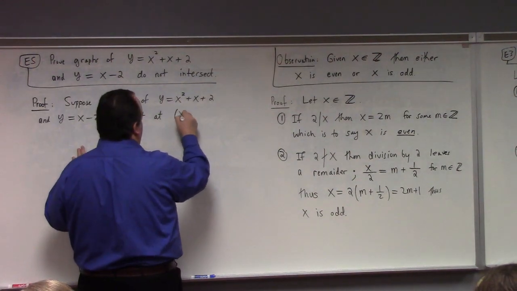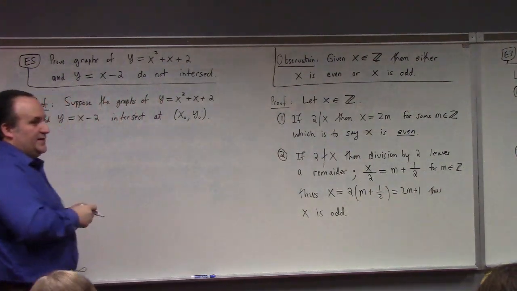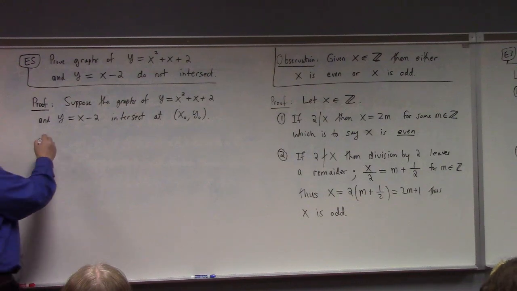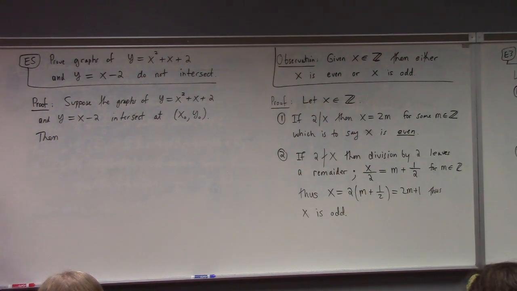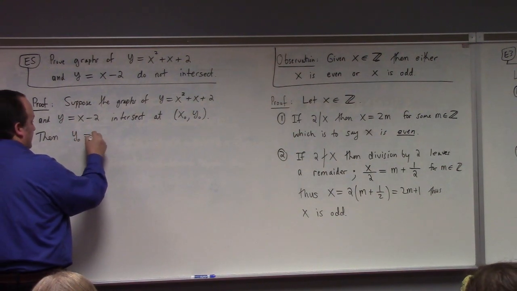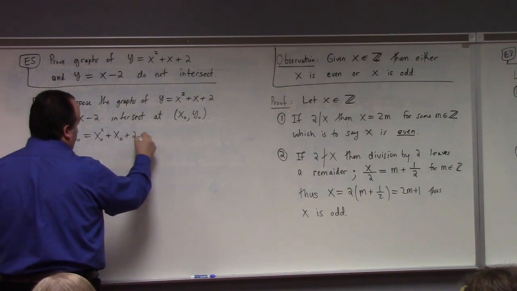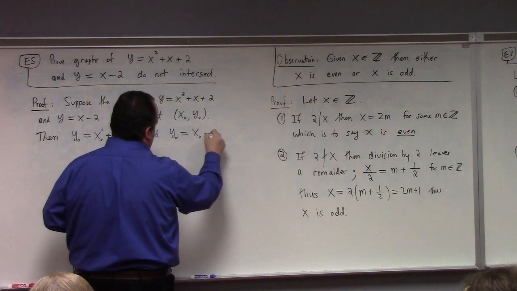Suppose they intersect at x naught, y naught. Then what? What does it mean to be in the graph? It means it solves the defining equation, right? So then we have two things: y naught is equal to x naught squared plus x naught plus 2, and y naught is equal to x naught minus 2.